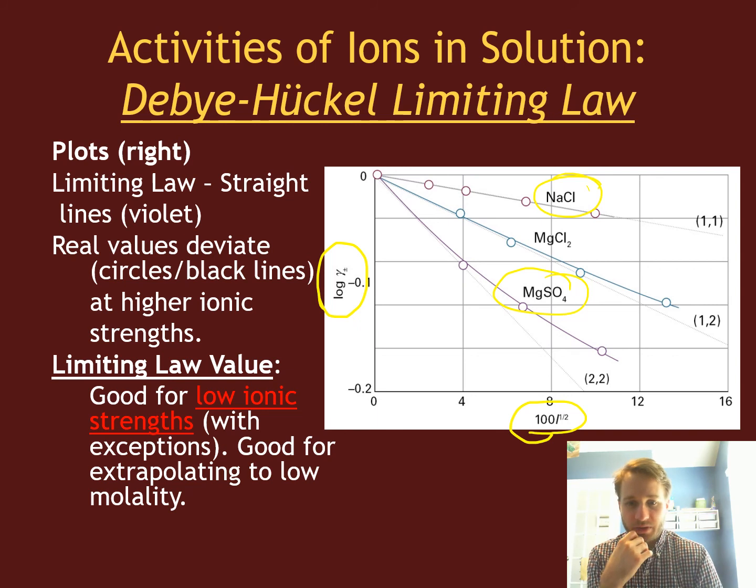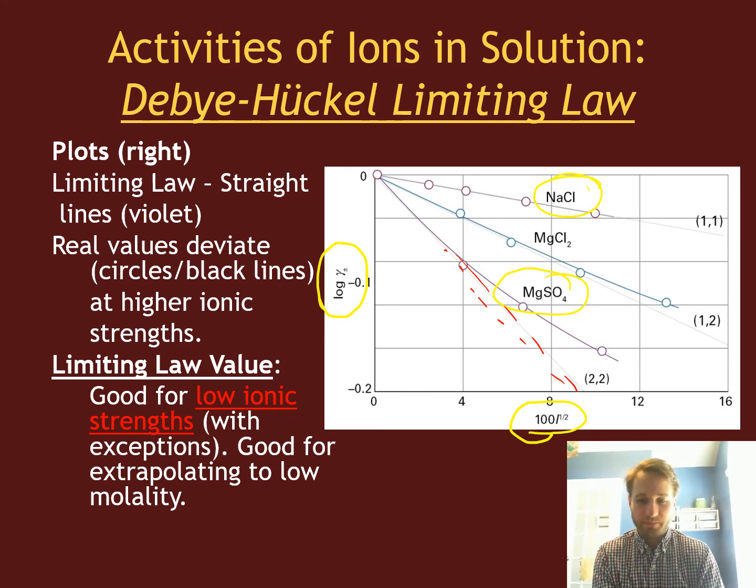And you see that for the same ionic strength, you get much greater deviation. So the dashed lines are the ideal values, and the solid lines are the non-ideal values. And so you get much greater deviation from ideal at high ionic strengths, especially when your anions and cations have high charges.